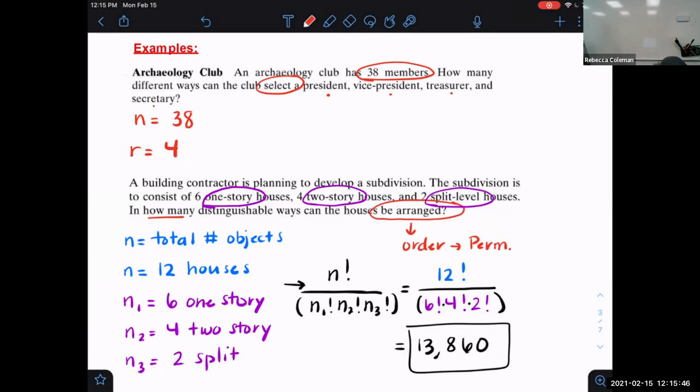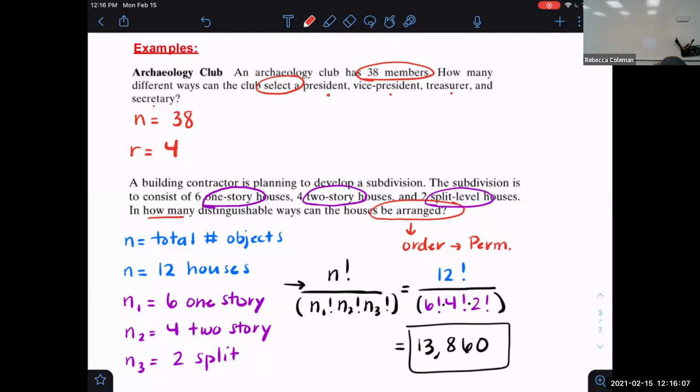But if I look at it a little bit more carefully, are these ranked or ordered positions? Yeah, there's a difference between the positions. So in this particular case, it matters who's first, who's second, who's third, who's fourth. Okay, that's the difference.